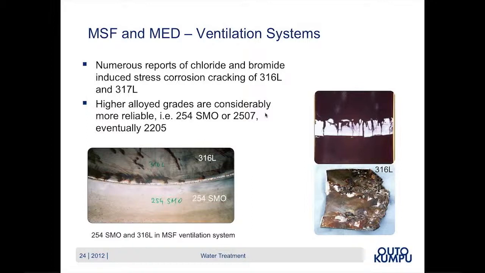And in the photo below, you see an example from an MSF plant in the Middle East, where two grades have been used in the same application, 316L and 254 SMO. The image speaks for itself. 316L is attacked by significant corrosion, whereas the 254 SMO is completely unaffected.